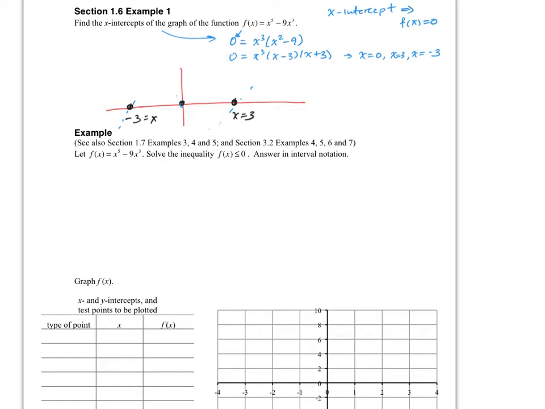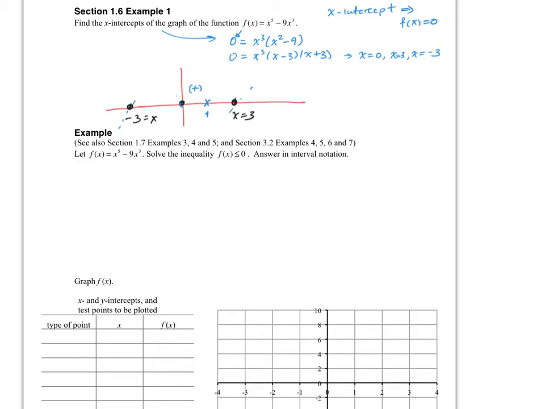We're going to use something called test points. All you have to do is pick numbers in between. This one goes from 0 to 3, so you pick anything between there. Let's say we pick the number 1. Then you plug it into these three terms I already have here. If you plug in x equals 1 here, the first one will be positive.